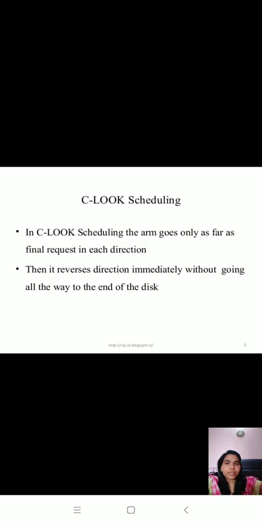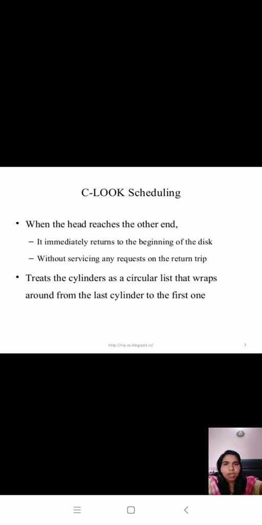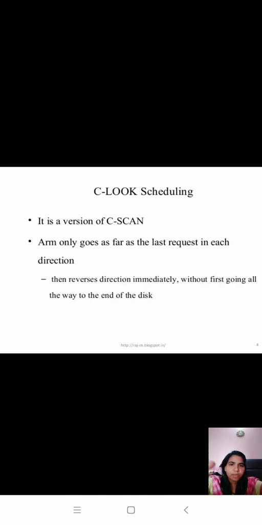Then it reverses direction immediately without going all the way to the end of the disk, and when the head reaches the other end, it immediately returns to the beginning of the disk, without servicing any request on the return trip. It treats the cylinders as a circular list that wraps around from the last cylinder to the first one.